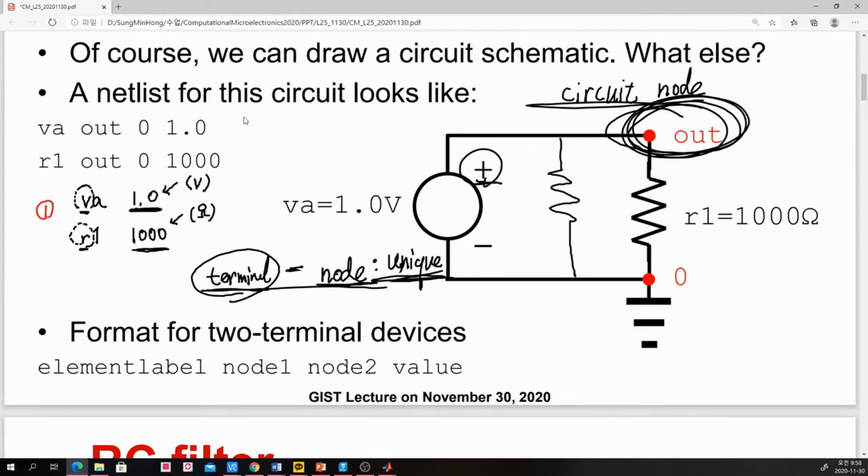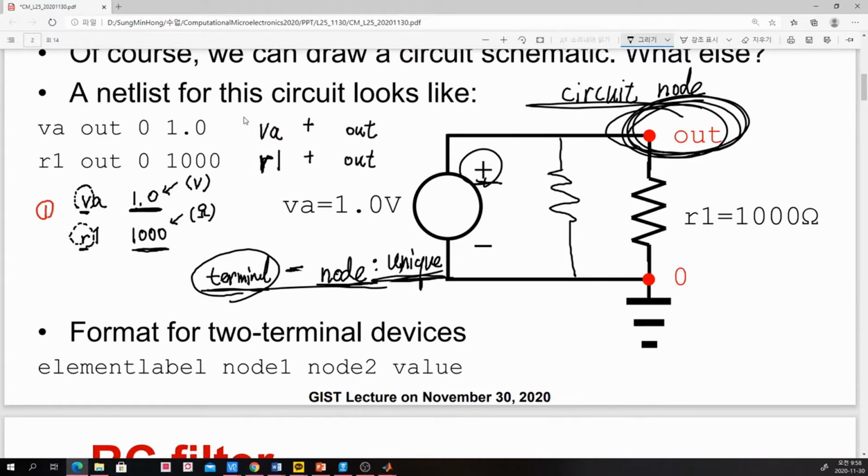For example, even in this 3-element case, we can say that VA plus is connected to out, R1 plus is connected to out, and R2, its plus terminal, is connected to out.